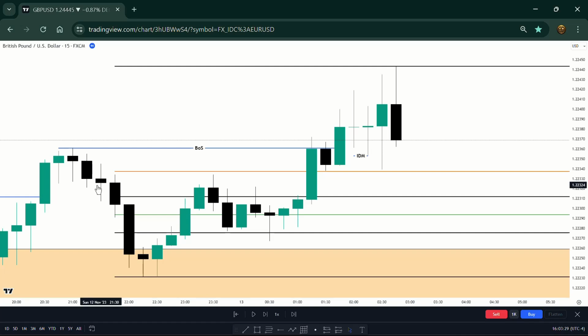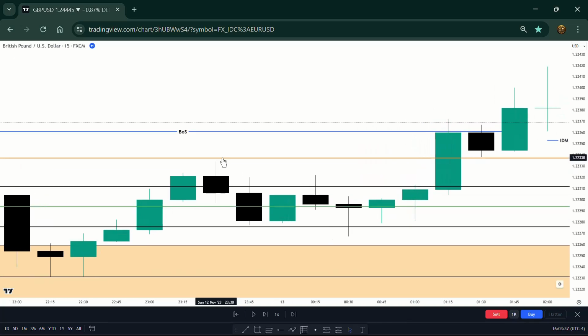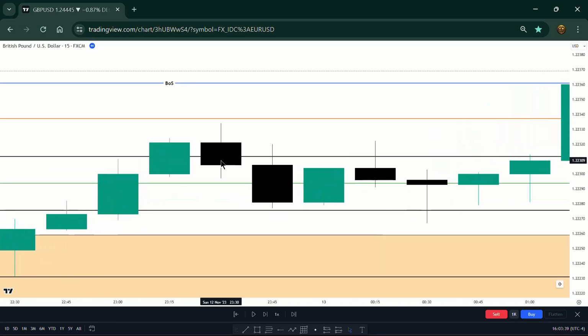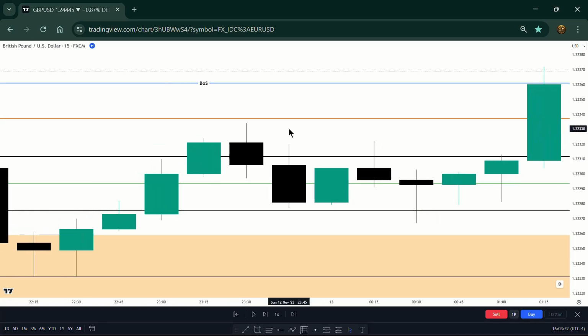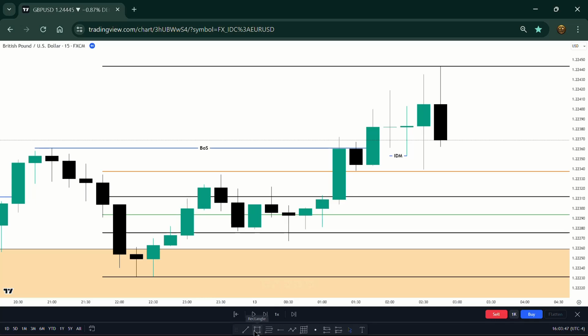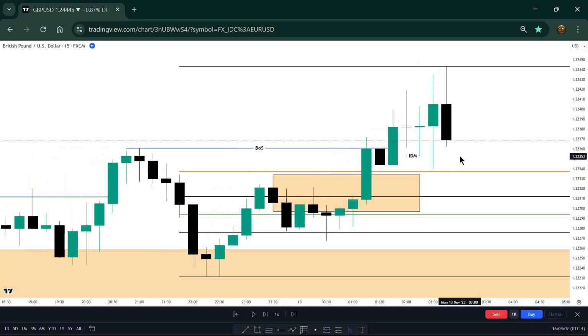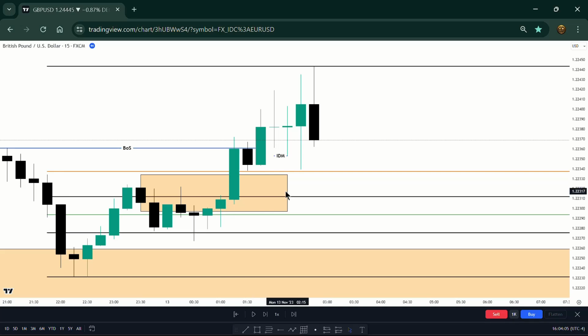So to your left there, here I can see a single candle order block. It's under that equilibrium level there. This is a single candle order block which has not been mitigated. If we draw it out like this, these are some of the things you don't just look at and then say, no, this cannot happen.